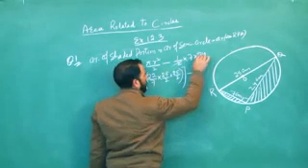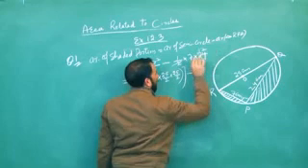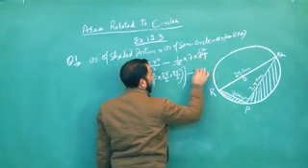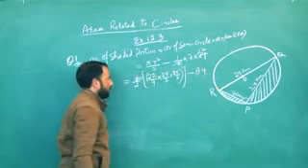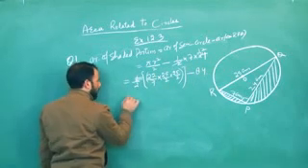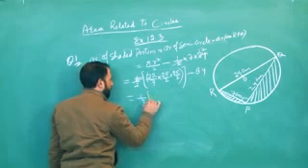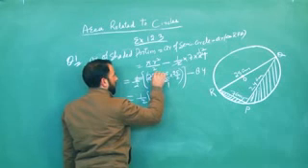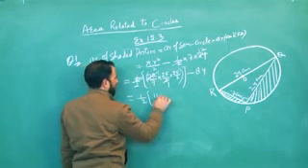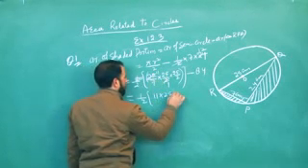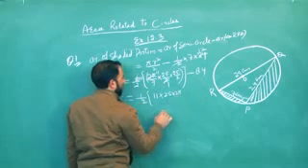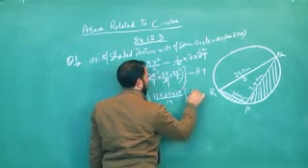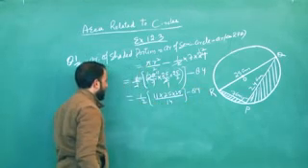We can cancel 2 with 22, 2 11s are 22, and 2 12s are 24. 7 into 12 is 84. So, after calculating, we get 1 divided by 2 into 11 into 25 into 25 divided by 14, minus 84.